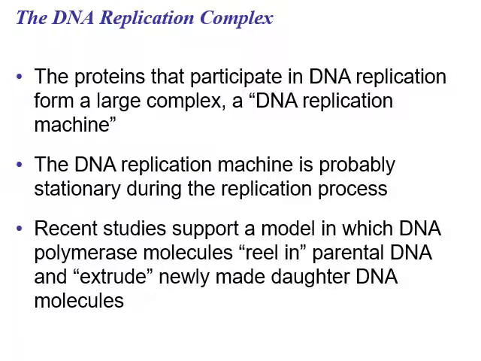New research has shown that the enzymes and the proteins at work in the replication fork are most likely stationary, and it's the DNA that's pulled through the stationary enzymes.